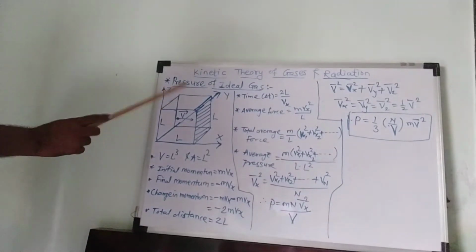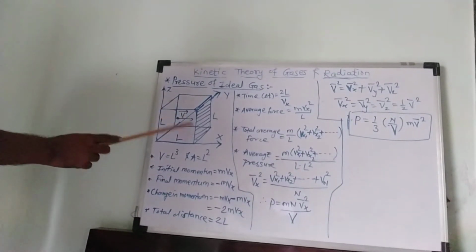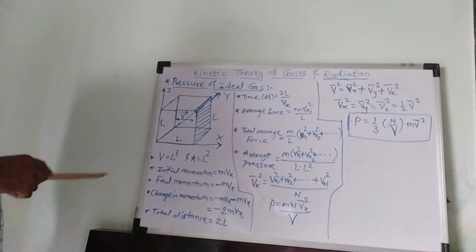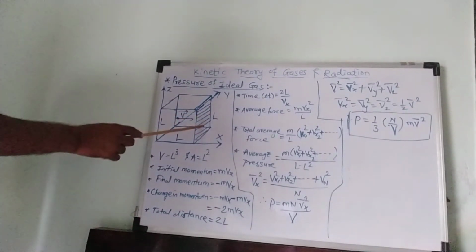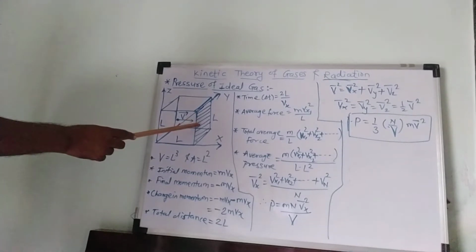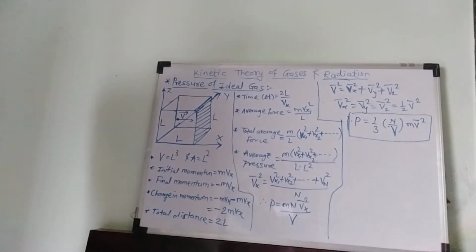This means the molecule is moving along the x direction, collides with the shaded wall and returns to its original position.